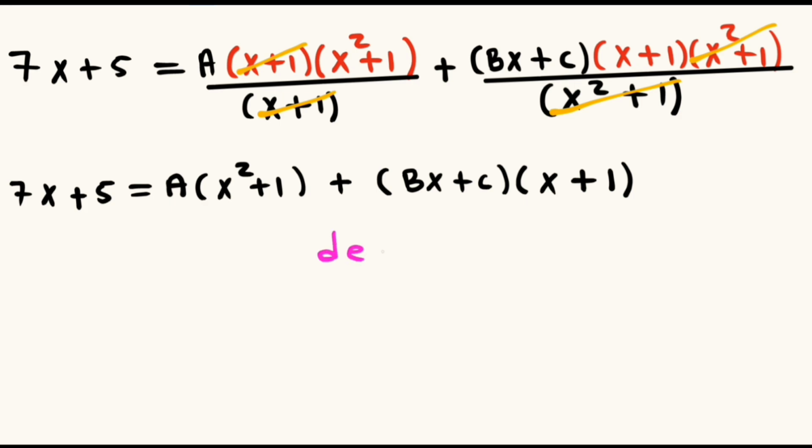So we start by determining the value of a by strategically letting x to be equals to -1. When you substitute that -1 plus 1 will be 0, and 0 multiplied by bx plus c will be equals to 0.